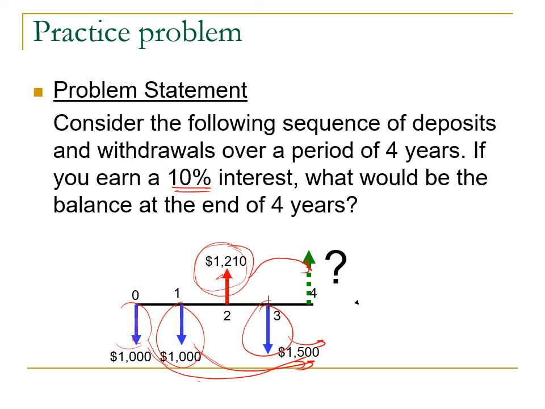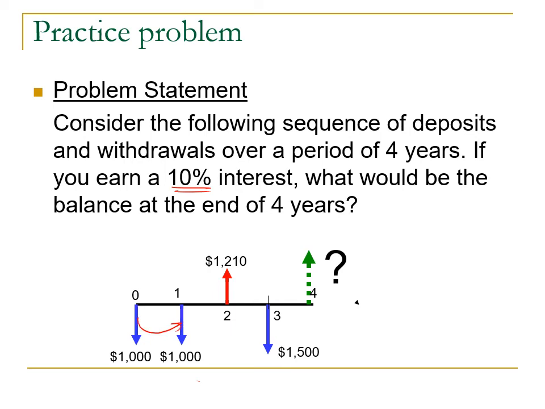This is one way, but another way maybe is to be more careful about this and to do the calculation in this way. We first find the equivalent value of this $1,000 at this time, and then add it to this value, and then find their equivalent value in the bank account at this time.